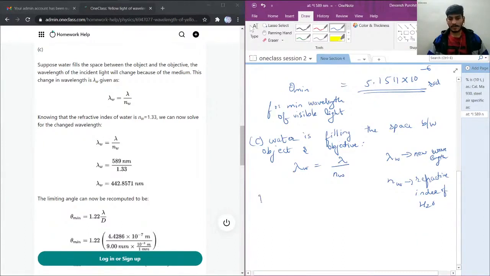So I'll write lambda w as 589 nanometer over 1.33. 589 over 1.33 is 442.85.